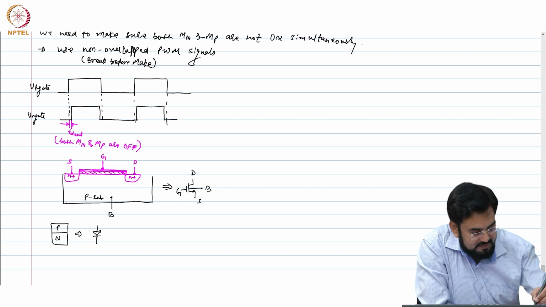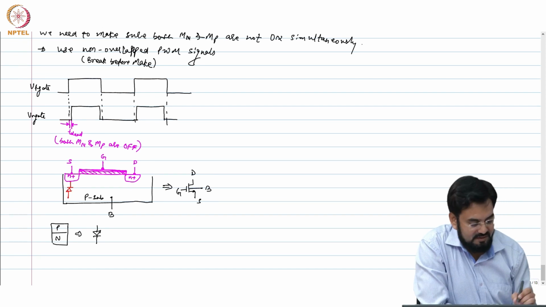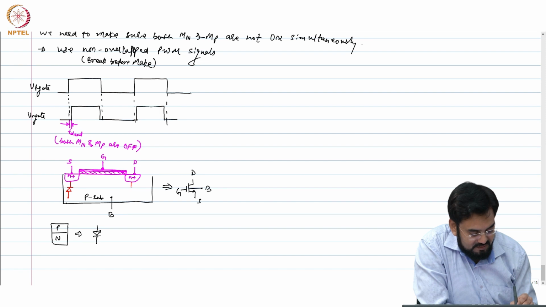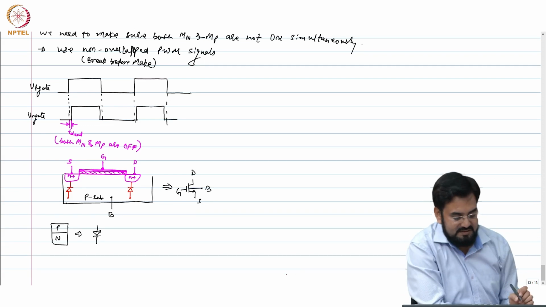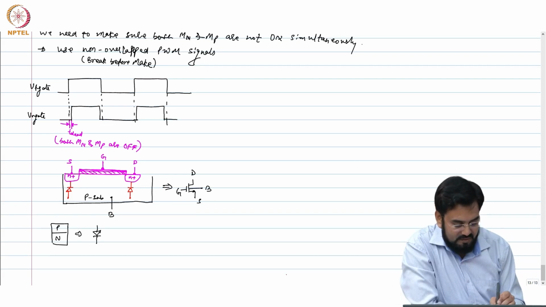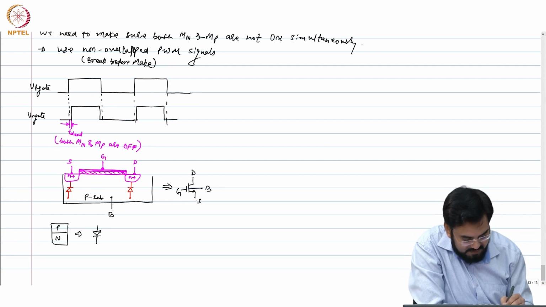So this will form the N side and the substrate will form the P side. Another diode you have here. Which means I want to draw those diodes here.